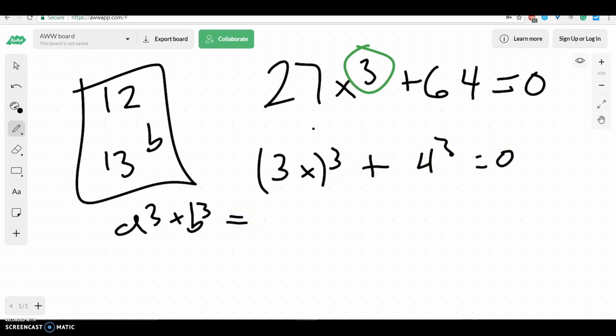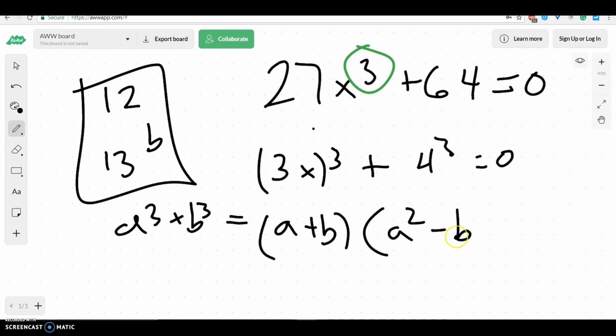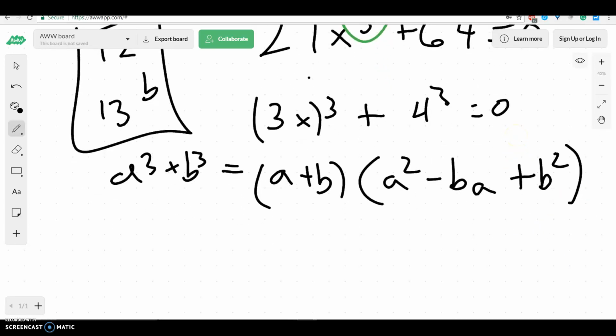Now, if you remember, this formula is equal to a plus b times a squared minus ab plus b squared. We would then plug all of that information in.